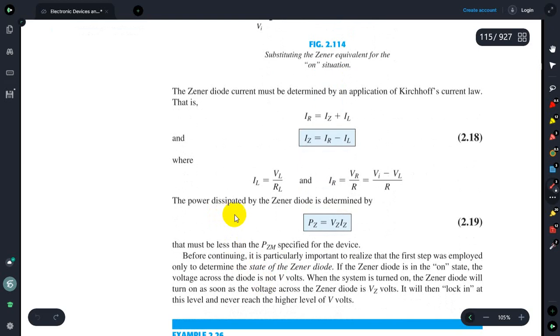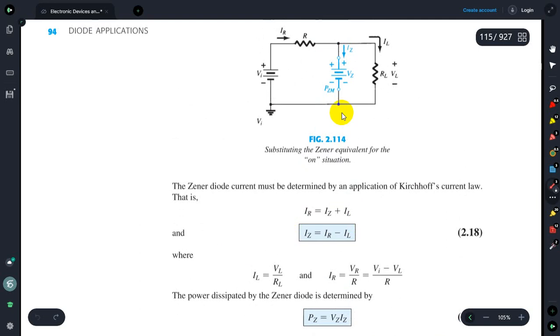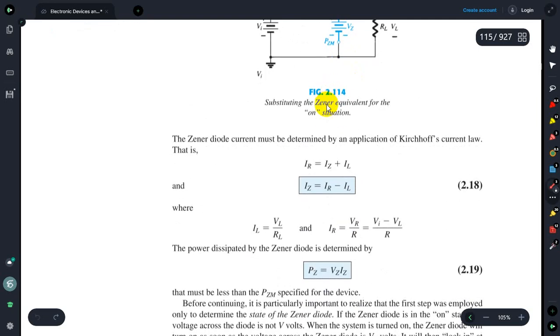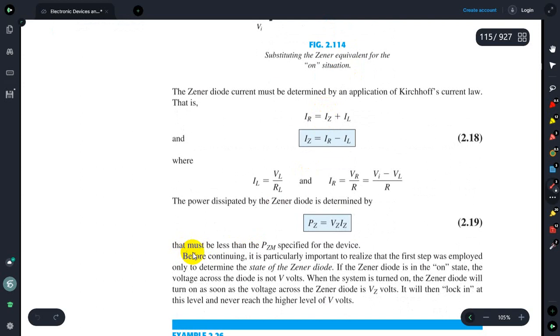The power dissipated by the zener diode is determined by PZ equals Vz times Iz, the zener voltage and the current through the zener diode. Make sure you see that this must be less than PZM, the maximum power dissipation allowed, specified by the manufacturer for the device.